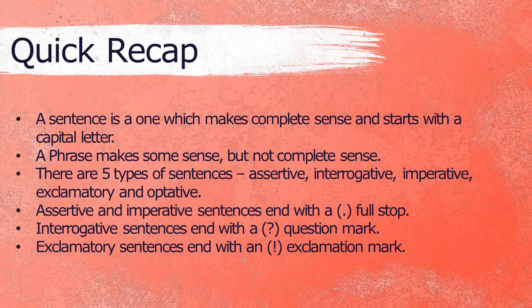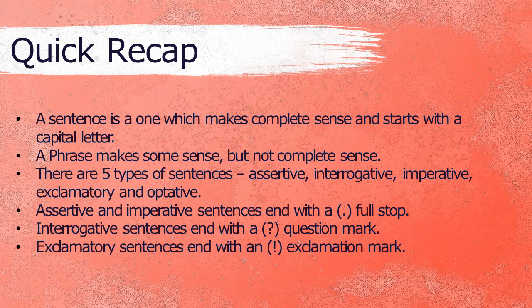Now once more we will revise. A sentence is one which makes complete sense and starts with a capital letter. A phrase makes some sense but not complete sense. There are 5 types of sentences: assertive, interrogative, imperative, exclamatory and optative.